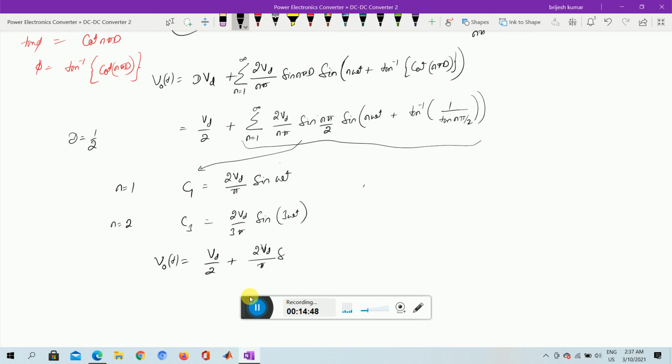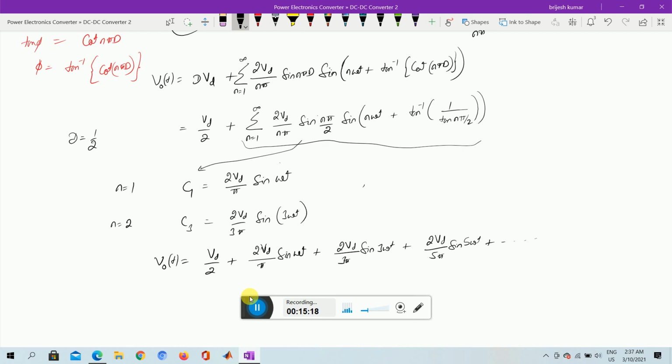Not necessarily is this entire thing c1; rather, we can say the coefficient is c1, and then we get the value of sine. So we get Vd by pi sine of omega t plus 2Vd by 3 pi sine of 3 omega t plus 2Vd by 5 pi sine of 5 omega t. Like that we can proceed.